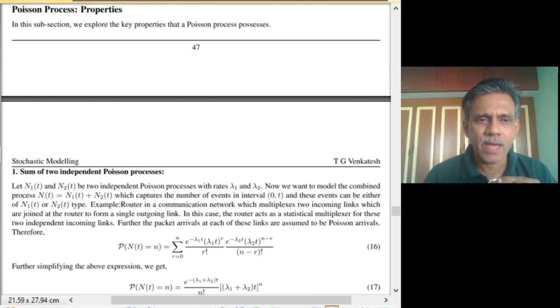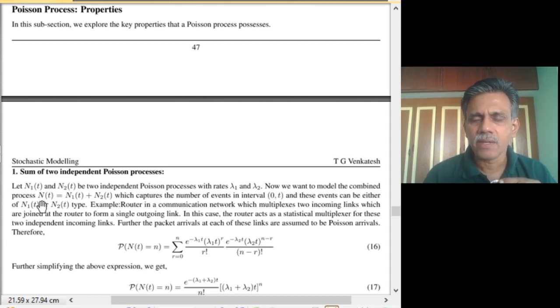So basically we have a counting process which is a sum of two counting processes, and we can represent this combined process as n of t being equal to n1 of t plus n2 of t. So n1 of t corresponds to the Poisson events that have occurred in the interval 0 to t due to the process n1 with a parameter lambda 1, similarly n2.